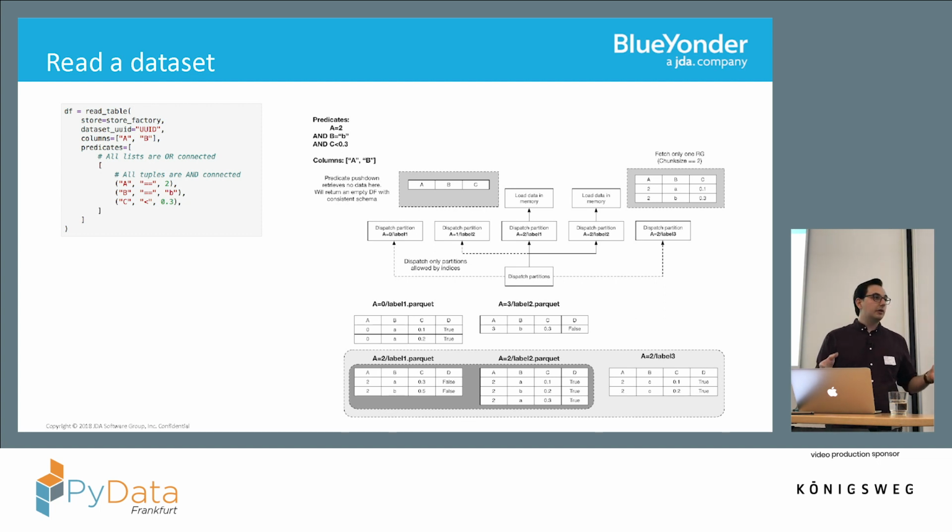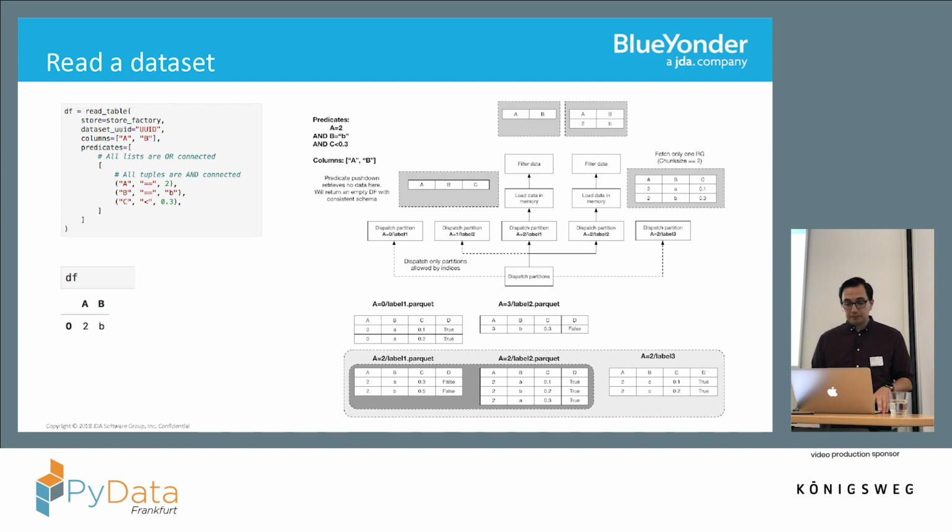This is important because if you want to combine these partitions in the end, a stable type system is, again, very important. On the other side, you retrieve a subset of the data because I'm using chunking. I'm using chunked Parquet files. So I actually retrieve only 2 of 3 columns. And in the end, I perform a final filter, and my end result is essentially exactly what I queried.